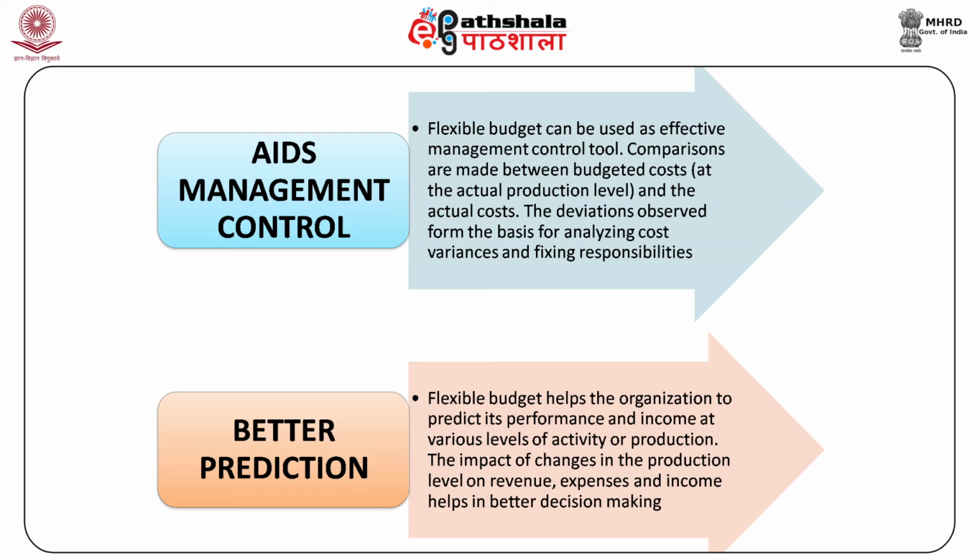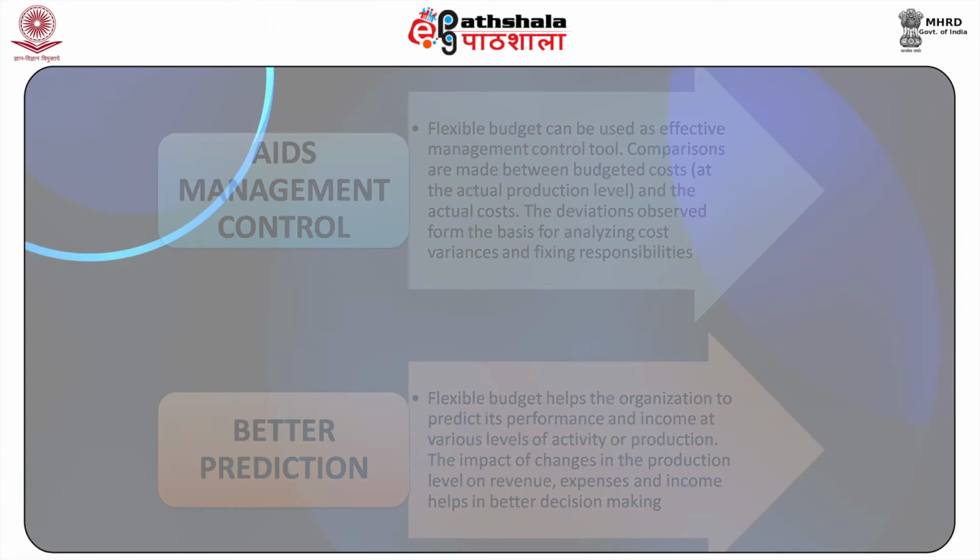This generates cost consciousness throughout the organization. Fourth, better prediction. A flexible budget helps the organization to predict its performance and income at various levels of activity or production. The impact of changes in the production level on revenue, expenses and income helps in better decision making.